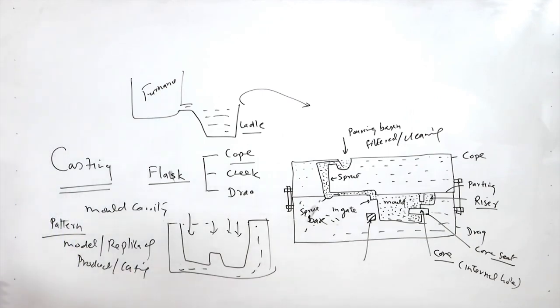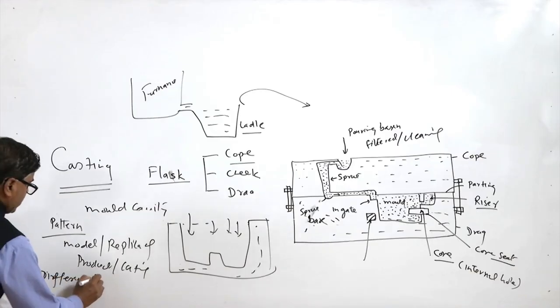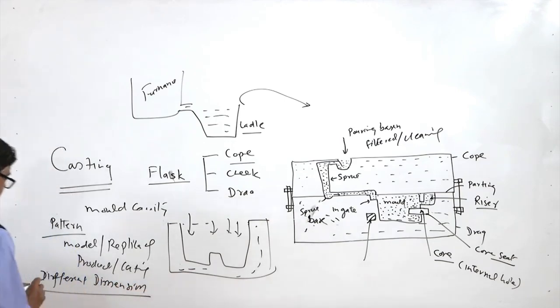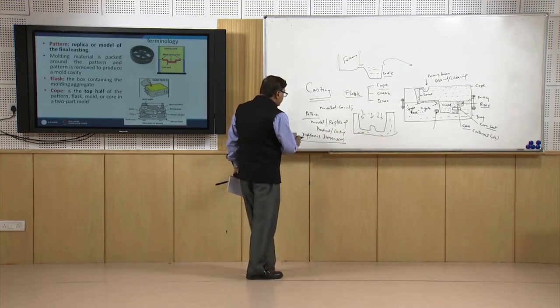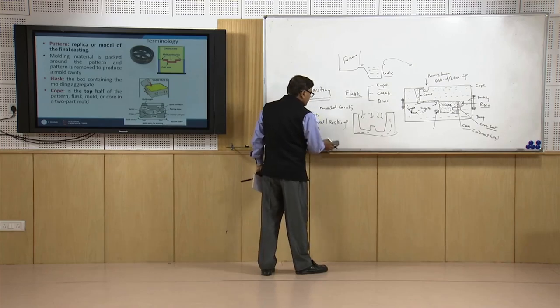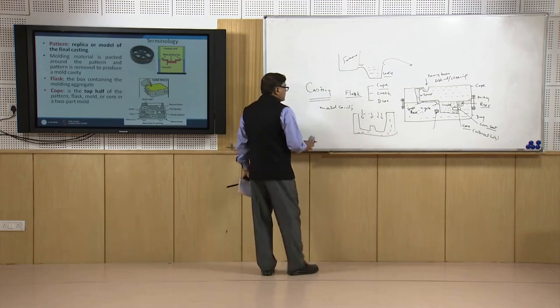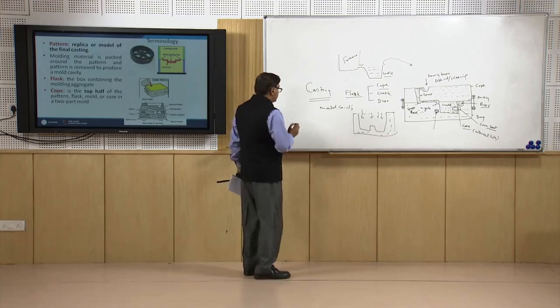The shape may be the same, but it is different in terms of the dimensions. And what are the factors which lead to the difference in the dimensions, about that we will talk now. So, this pattern is actually the first thing done in the casting process.